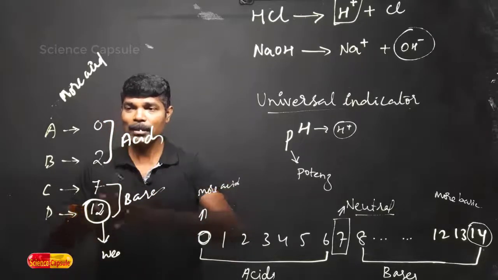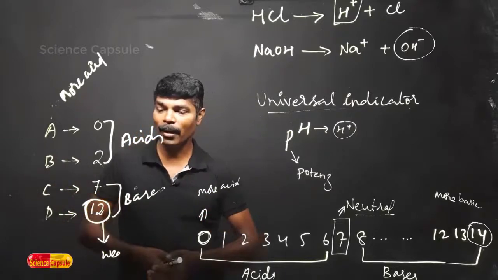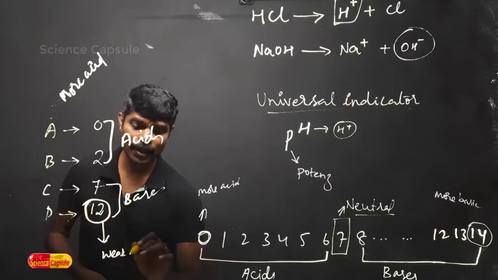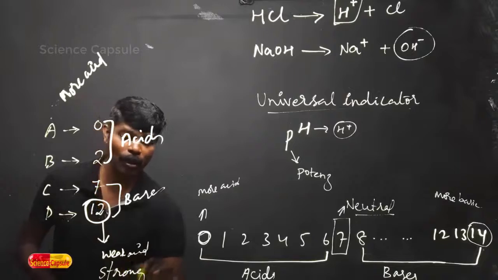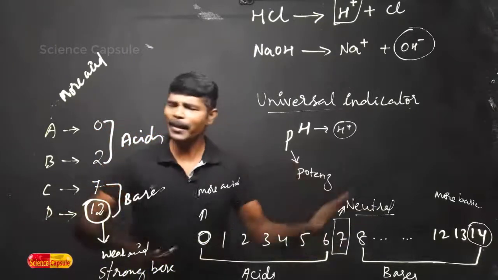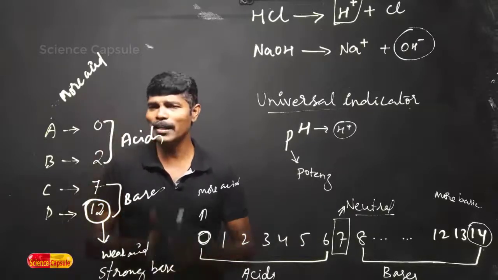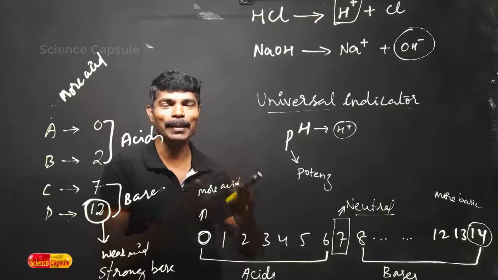So among these, A and B are acids and C and D are bases. So this is a weak acid, we can say, or it is a strong base, because more the pH value, greater will be the basic strength. So if you see the pH value, 12 is the larger value which should have greater basic strength.